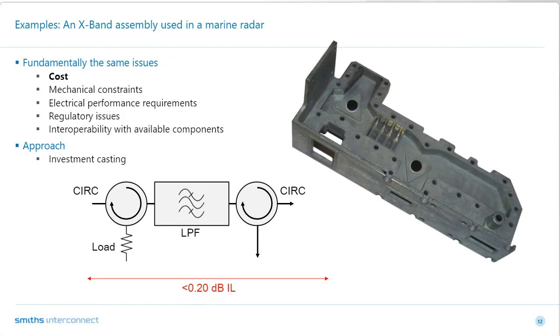Now this one, unlike the previous slide where airborne platforms are probably one of the toughest technical environments, was a commercial X-band marine radar where cost was a driving point.